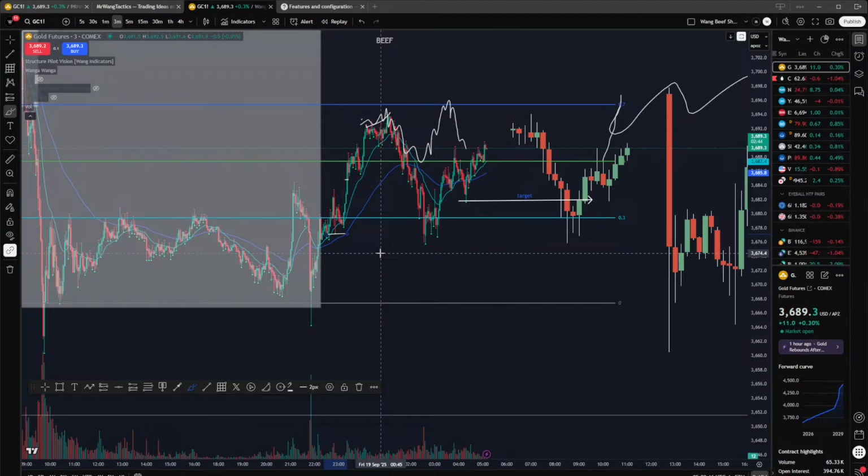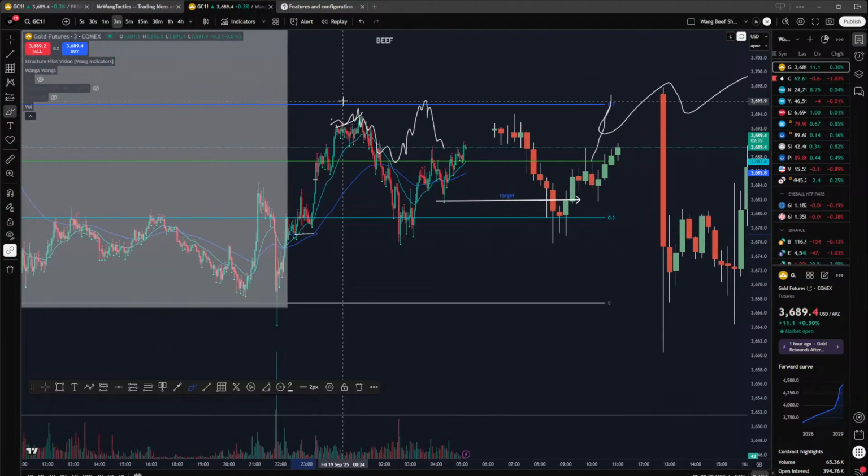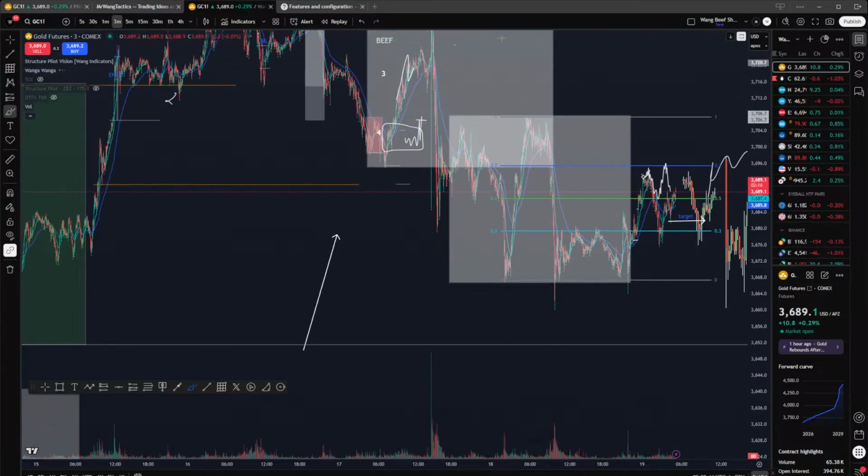All right. And in the end, this would be what? This would be a 70 to 30 play, right? From this swing right here.